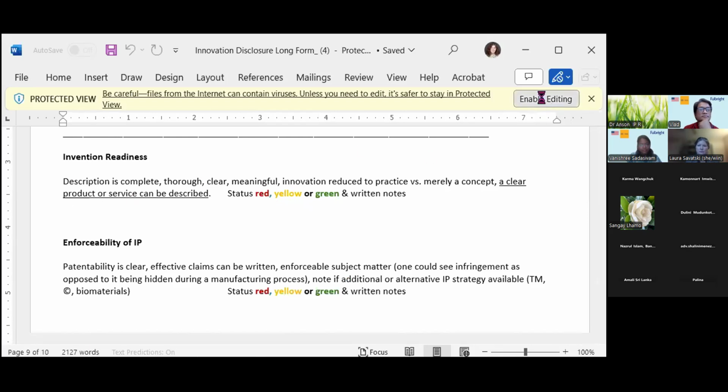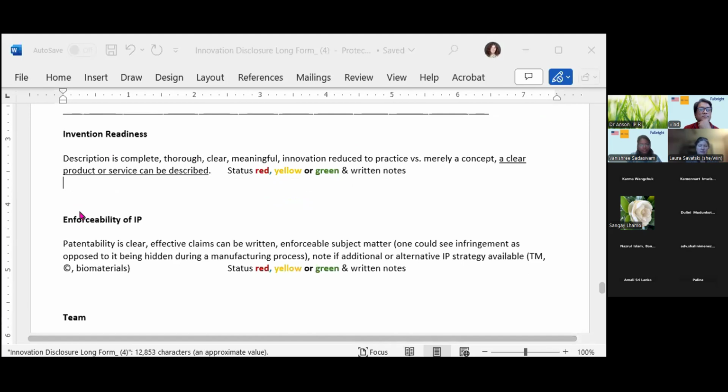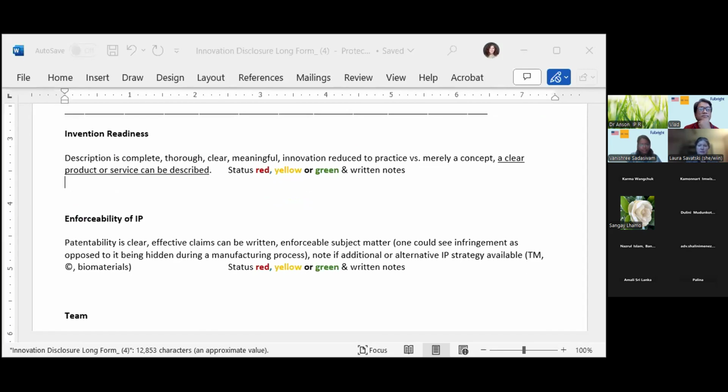I'm going to enable editing so I can type on here. Uh-oh. So green would be go, go, go. Like yes, the invention is ready, ready to be patented. Right. I would say this one is yellow.